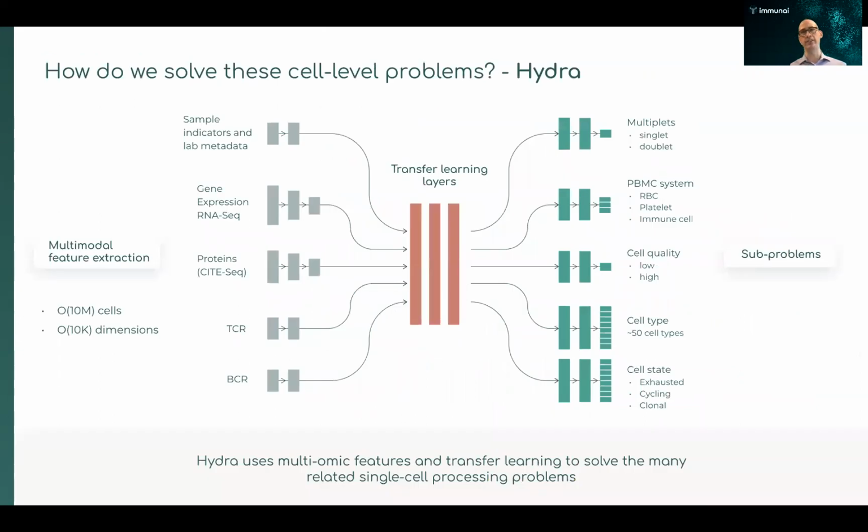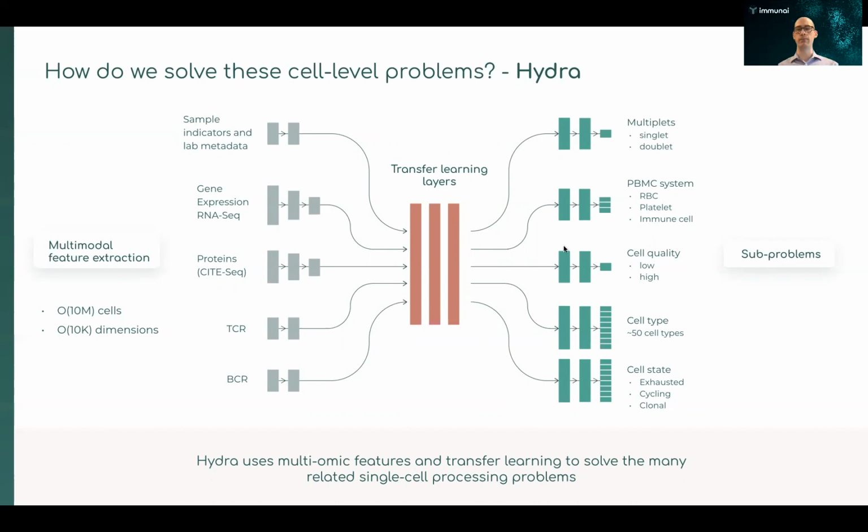So how do we solve this on a modeling level? Well, we have a model called Hydra. And the core insight here is that a lot of these cell level problems use the same multiomic data, right? So they use sample indicators and lab metadata, gene expression, surface proteins, T cell receptors and B cell receptors. All of that goes into a few transfer learning layers.